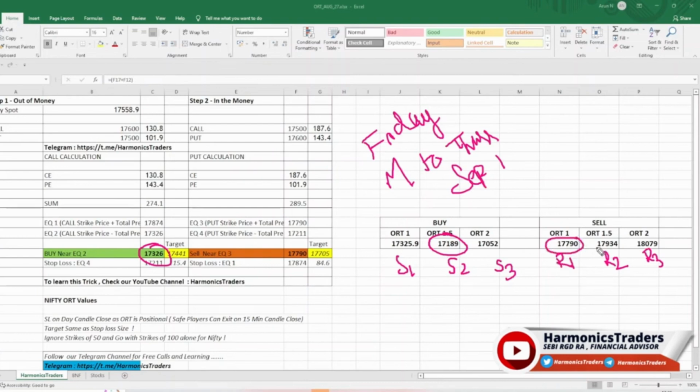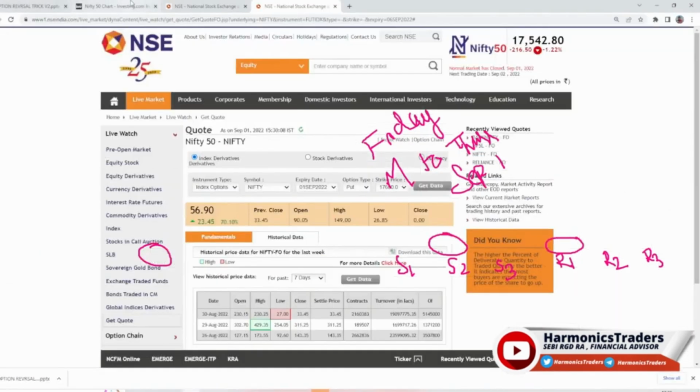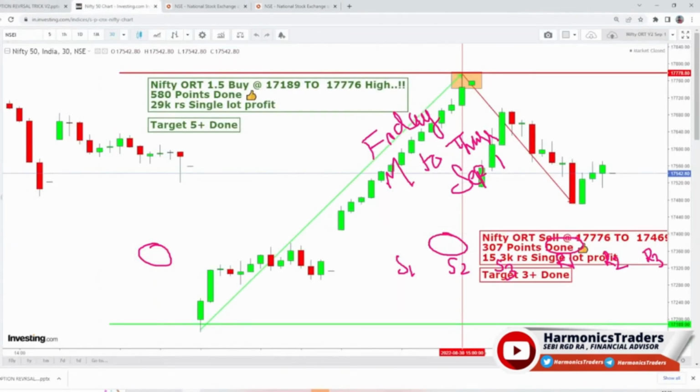Sometimes it could reverse 10 or 15 points before these numbers as well, so just keep an eye on these numbers. The biggest advantage is we can calculate all these numbers well in advance, wait for these numbers, and initiate our trades. Now just remember these numbers. Let's see what happened in Nifty with respect to these numbers.